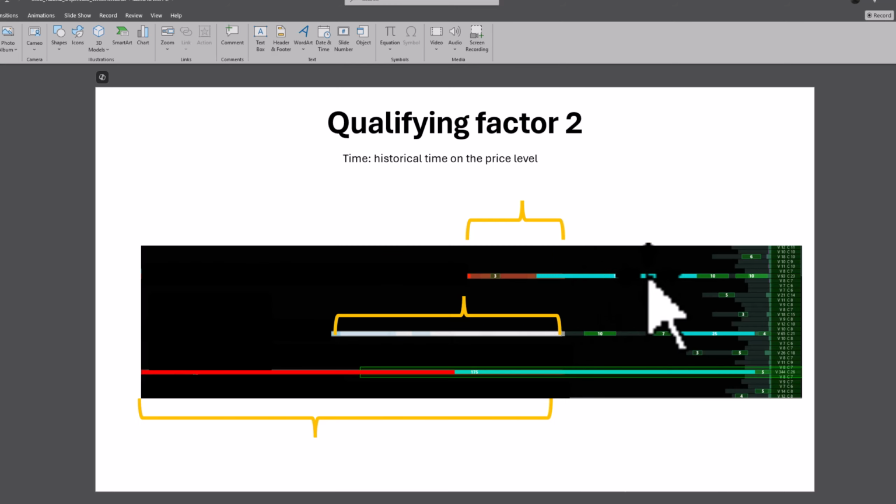Let's say somebody removes one of these. They remove, and you have your long order over here, then what you do is simply cancel it, or if you have enough time, move it lower, or maybe completely cancel.